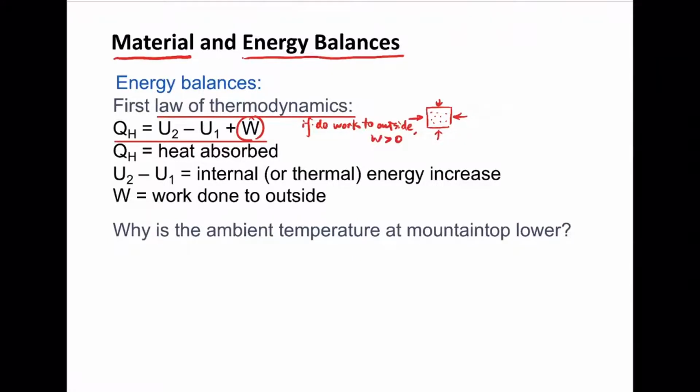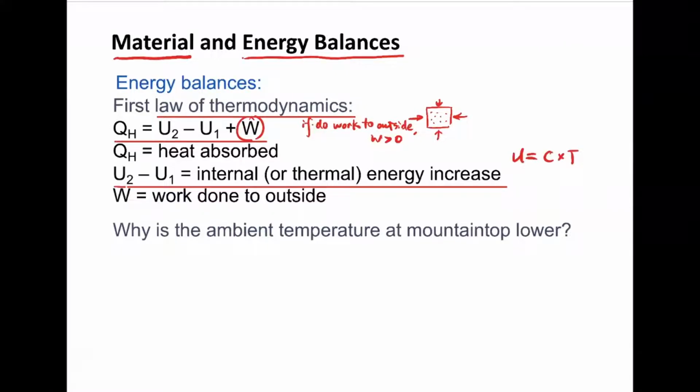Then there's U2 and U1, which is the change of the internal energy. They're generally a function of temperature. So let's say U can be just a parameter multiplying temperature. The parameter here is also called the heat capacity.